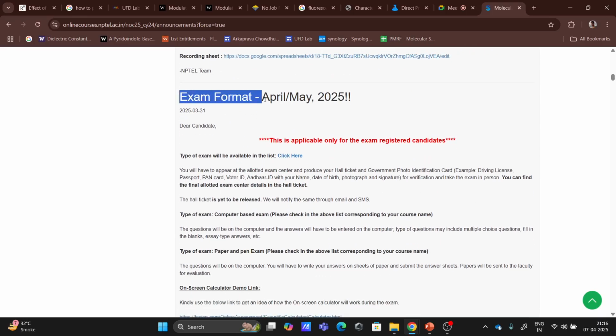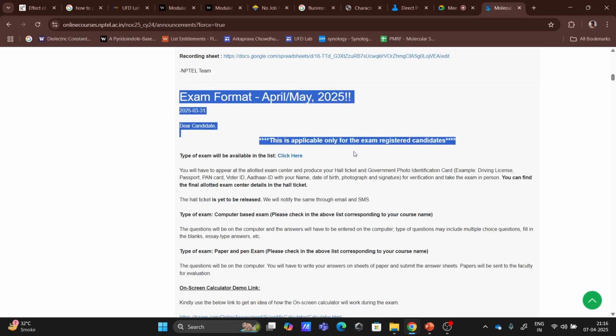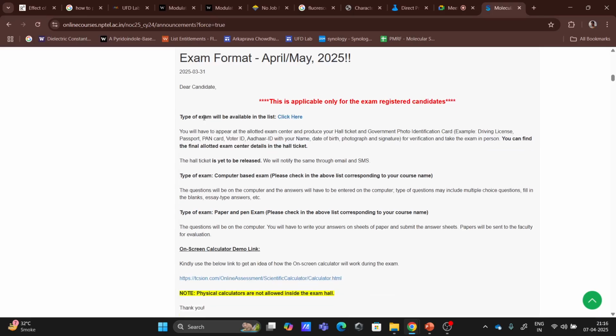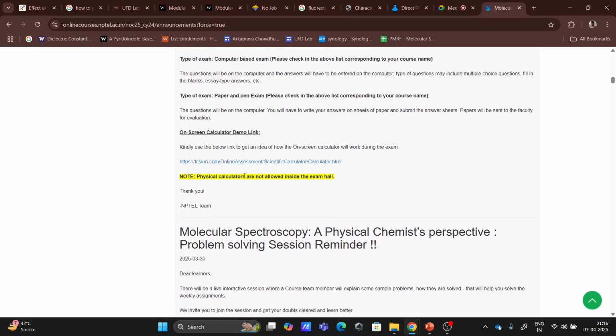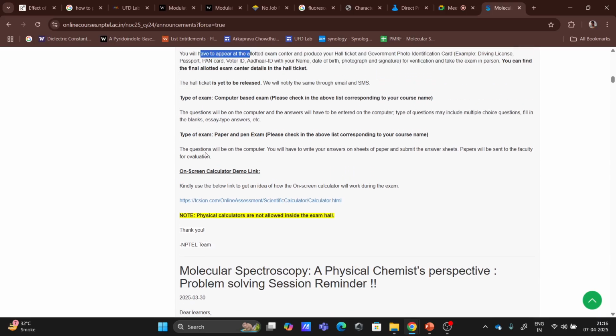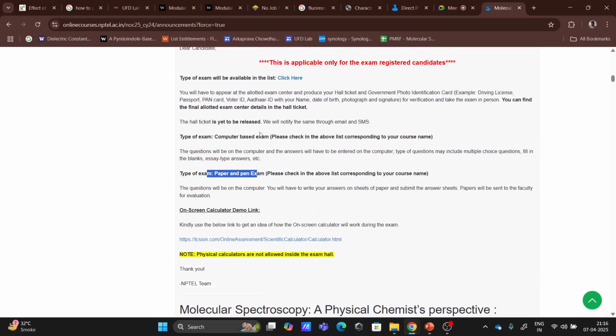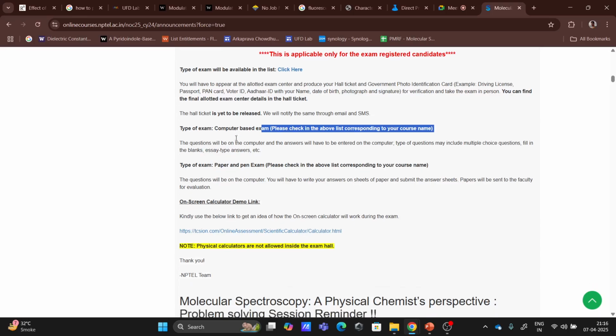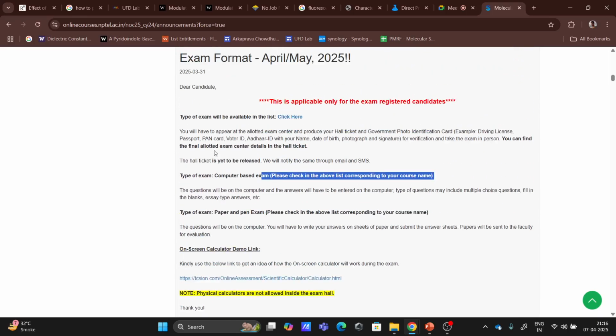So you can see here, exam format. Physical calculators are not allowed. On-screen calculator demo link. Type of exam: it is not pen and paper, so computer based, right? I think it has not been released yet. You will be notified here.